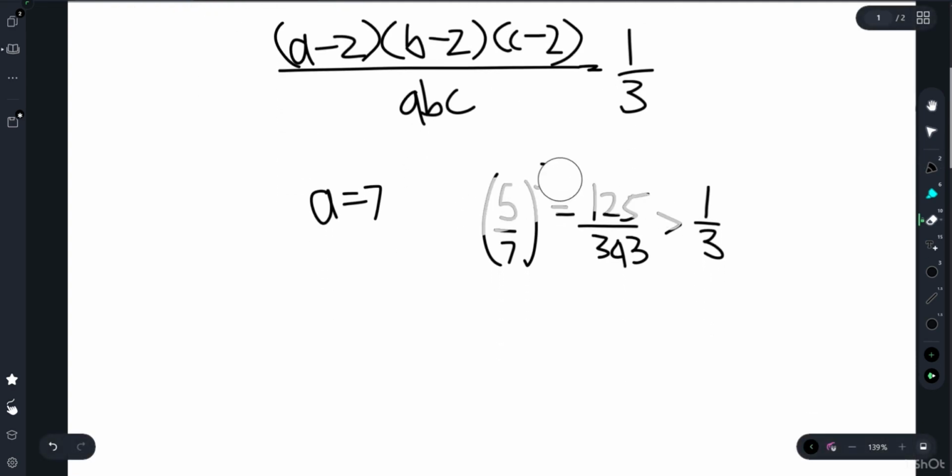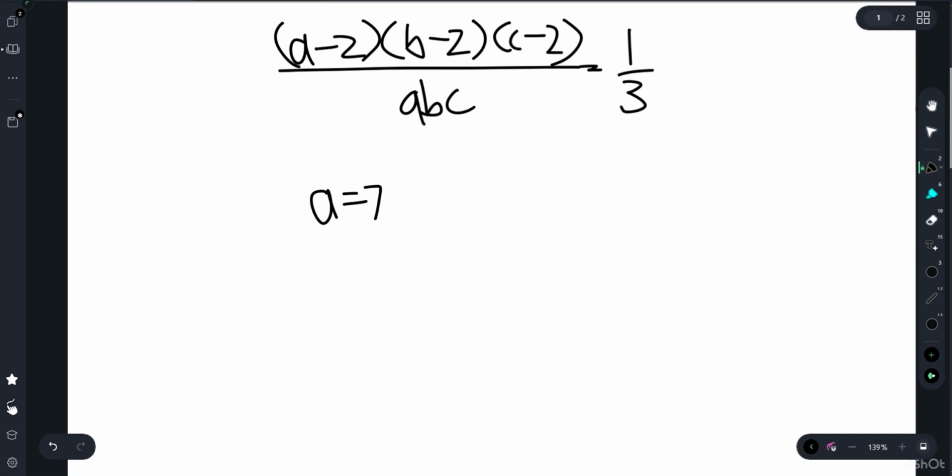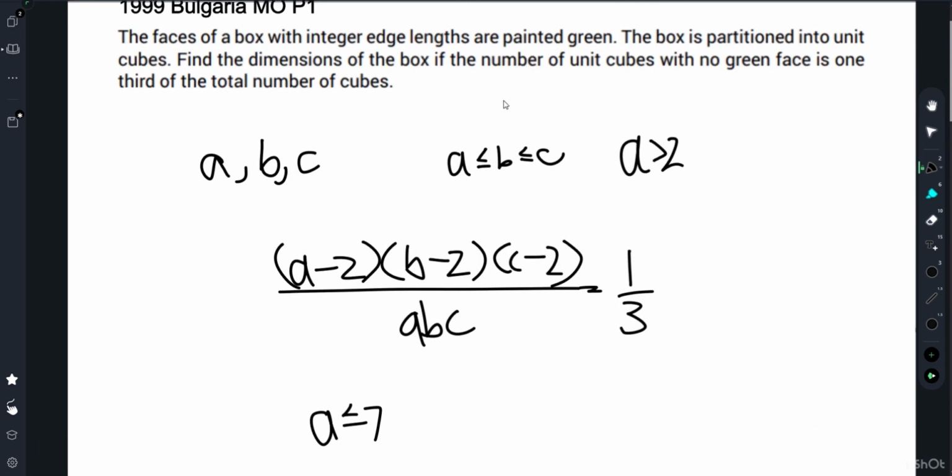So this tells us that A is less than 7, because all the other cases will be greater than this value, and so they'll never achieve 1/3.